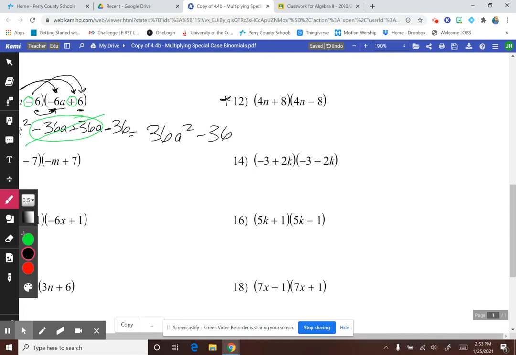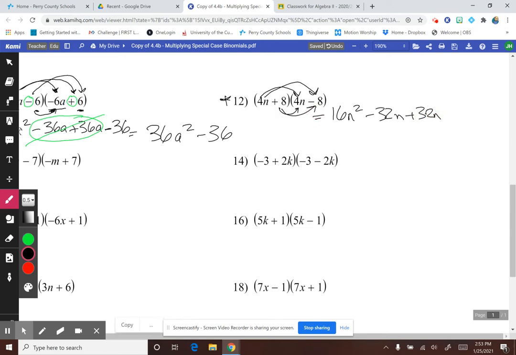So 4 times 4 would be 16n squared. Okay, I'm just kind of doing this fast, but to give you the idea, 4n times 4n is 16n squared. 4n times negative 8 is negative 32n. 8 times 4n here is positive 32n.